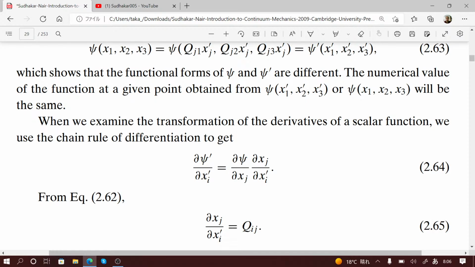We define the gradient vector, gradient psi, like this. We can also introduce a vector operator, nabla. We call this nabla, in Japanese, nabla.